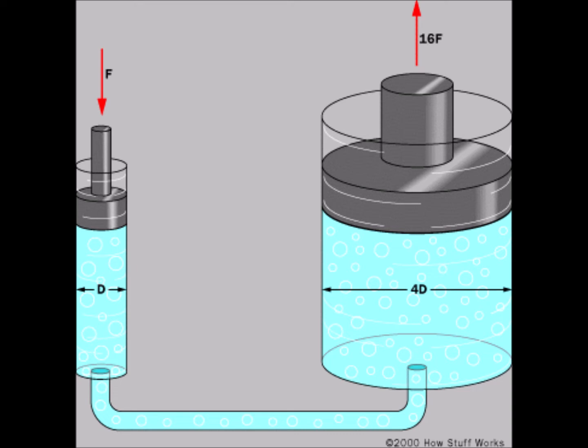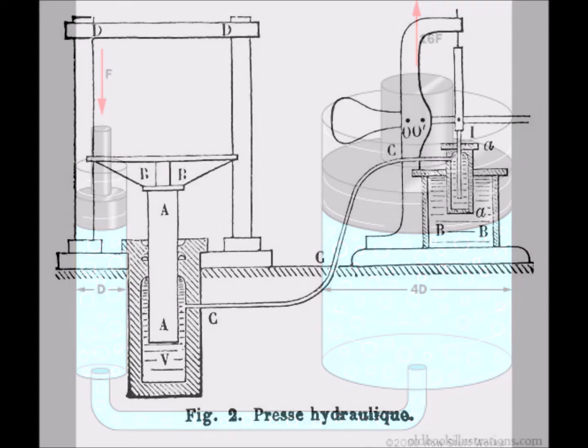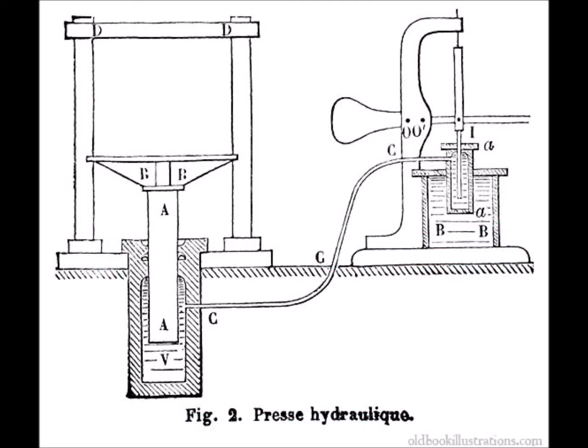It just won't move as far. Now this can be expanded to presses and other devices that were discovered around the 1700s, where you could take the lever on the right there and pump smaller, easy amounts for an average person to push into the chamber, and that would ultimately push this vise together with much, much greater force than you could by hand.